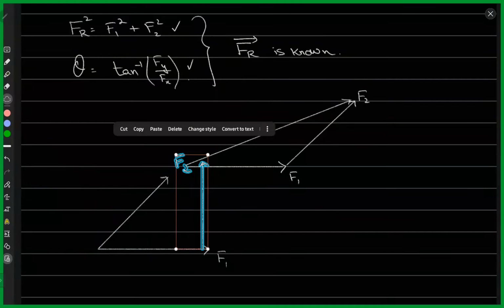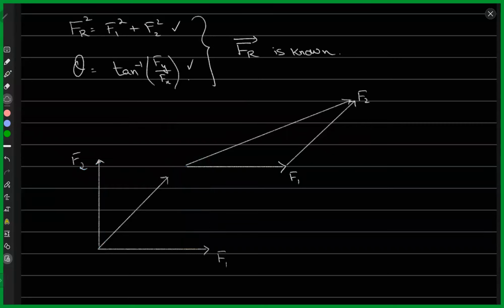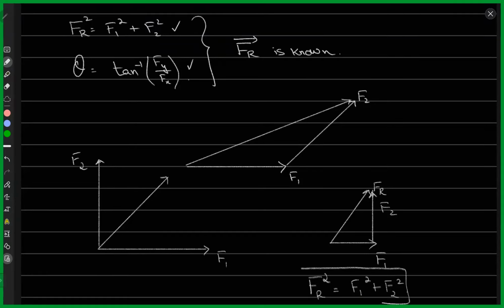So if I drew all of these vectors accurately, then this would form a triangle like this, where this is the resultant vector, this is my F1, and this is my F2. So now it's just a matter of using the Pythagorean theorem, which just says that FR squared, which is the hypotenuse, is just F1 squared plus F2 squared, right? And that gives you your resultant force magnitude. Okay, good.